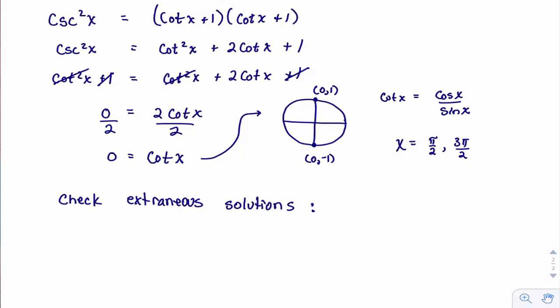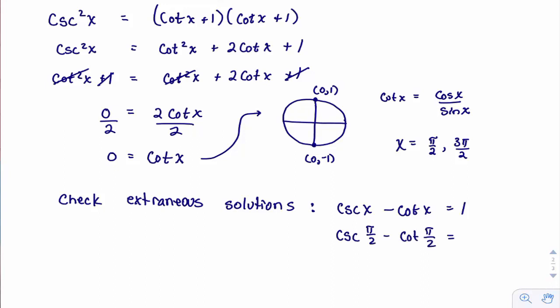So the original equation was cosecant x minus cotangent x equals 1. And again, I'm just going to go ahead and plug in those answers and basically see what I get here. Now, when you plug this in, you're going to get cosecant of pi over 2 minus cotangent of pi over 2.